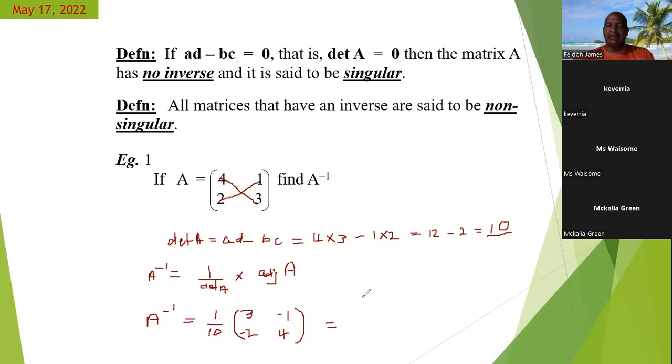So the inverse of A will be 3 over 10, minus 2 over 10, minus 1 over 10, and then you will have 4 over 10.